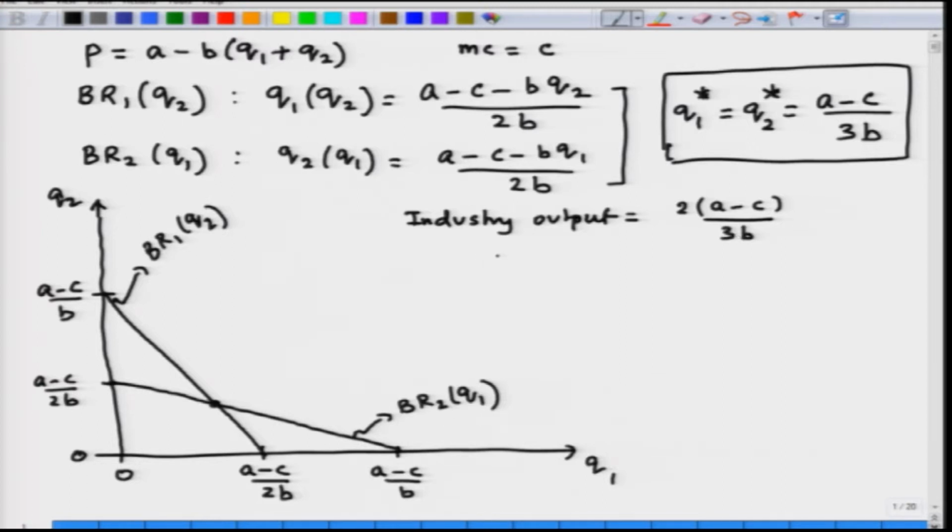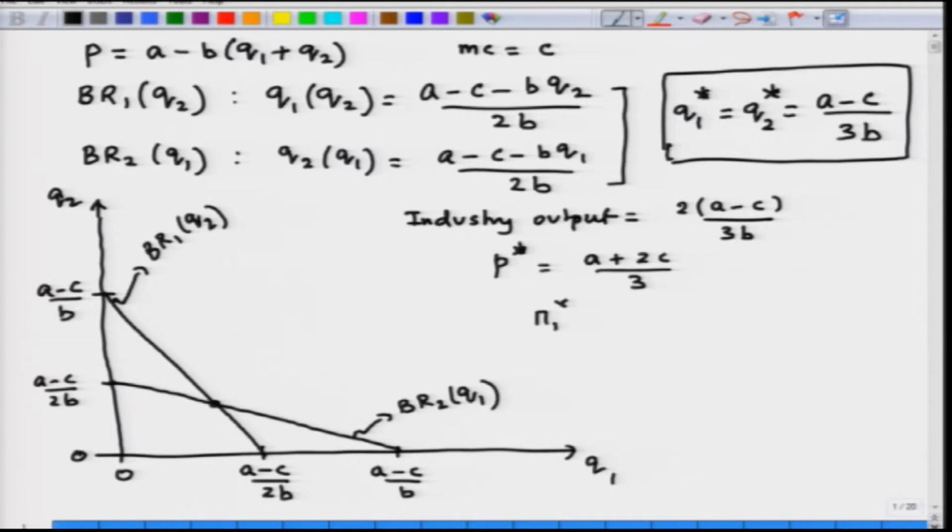Therefore, the equilibrium price in this market, which is A minus B times Q1 star plus Q2 star, on substituting the total industry output 2 times (A minus C) by 3B, gives the equilibrium price P star as (A plus 2C) divided by 3.